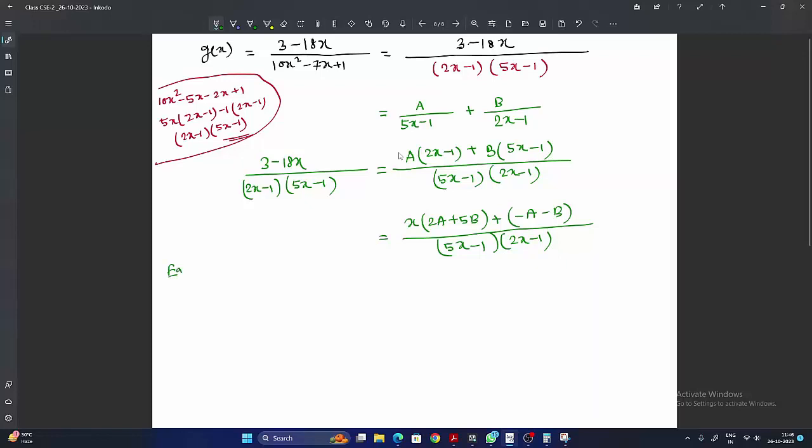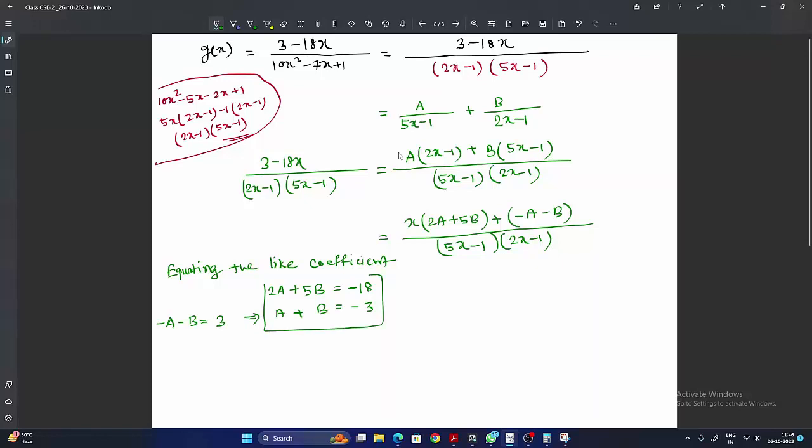So equating the like coefficients, you get 2a plus 5b is equal to minus 18, and minus a minus b is equal to 3, or a plus b is equal to minus 3. So now you have to solve these two equations to find the values of a and b.